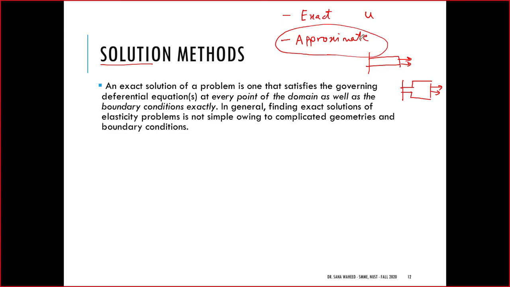Now, there are two types of methods. One is an analytical method. ठीक है जी. Analytical method के अंदर basically we're directly solving the problem with arithmetic and some maths. Whereas the other is the numerical methods.